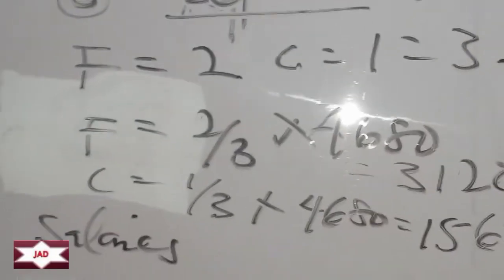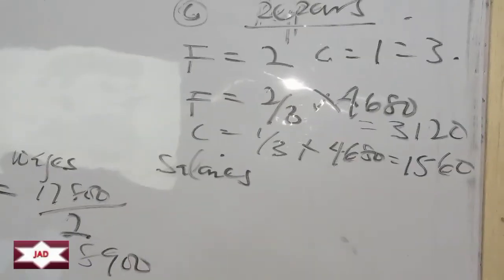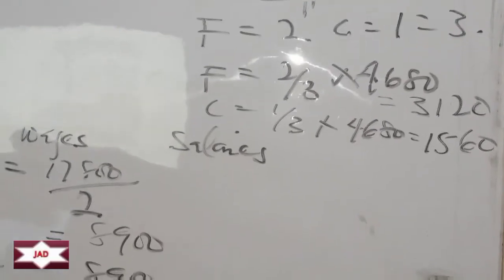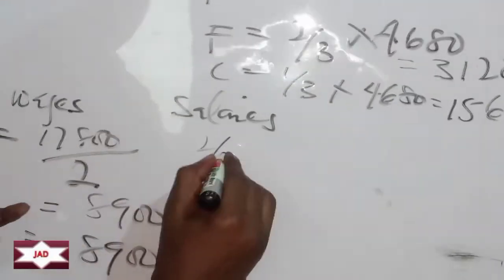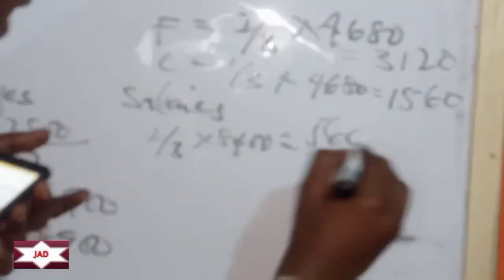So that will be 2 divided by 3, just like what we did here, times 8,400. So F here will be 2 divided by 3 times 8,400. That will be equal to 5,600.